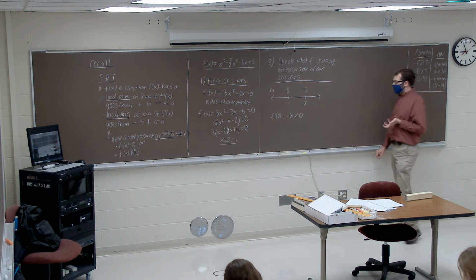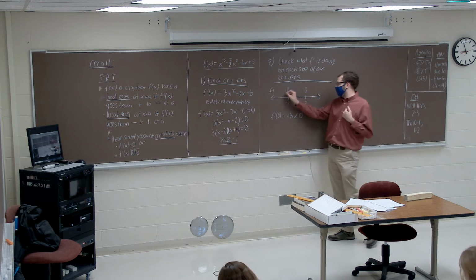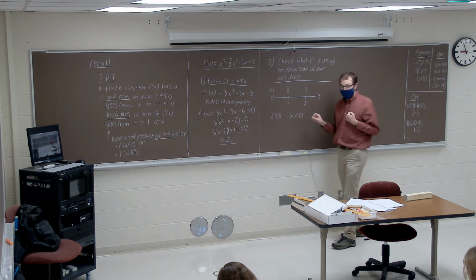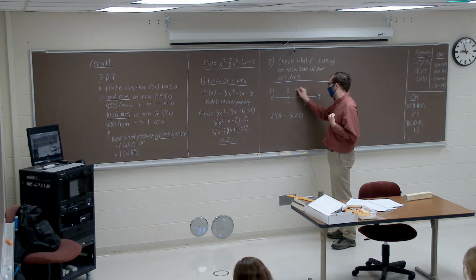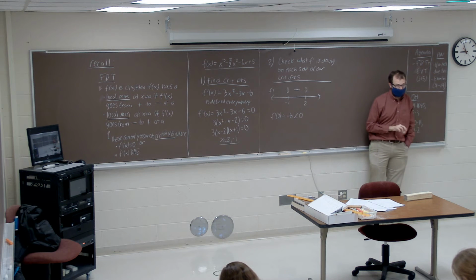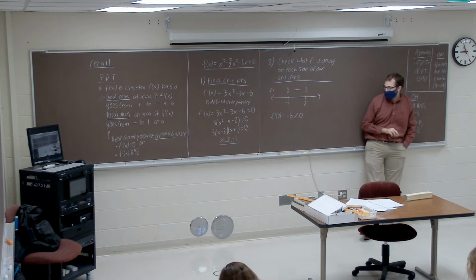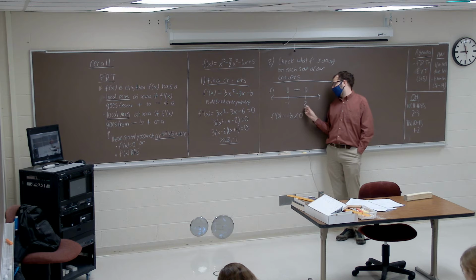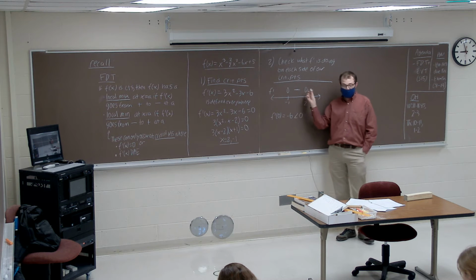And what that tells us is that in between our critical points at x equals negative 1 and 2, f prime is always going to be negative between those two values of x. At x equals negative 1, it's 0. At x equals 2, it's 0.